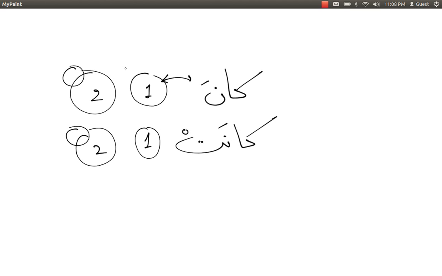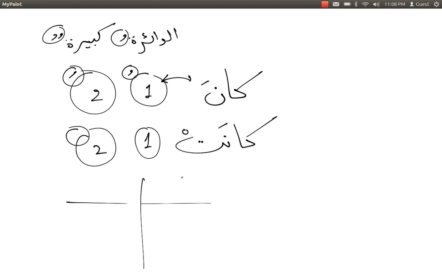So usually we would have, for example, da'iratun, or ad-da'iratu kabiratun. Usually it will end in one form of dhamma. When kana comes in front, you change the second one from dhamma to one of the forms of fatha.